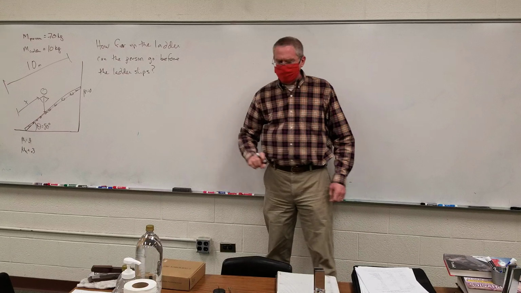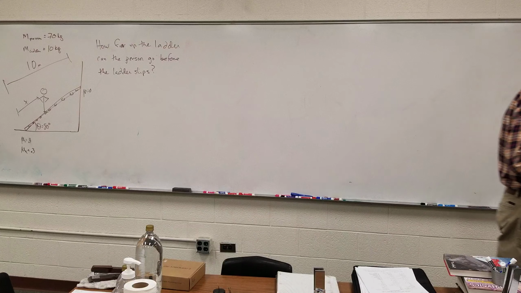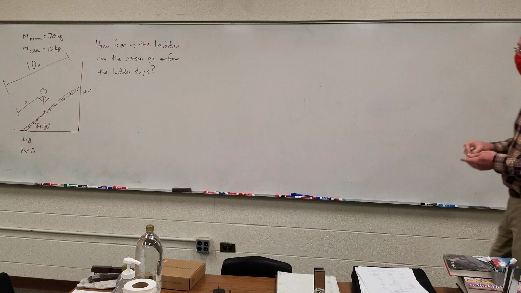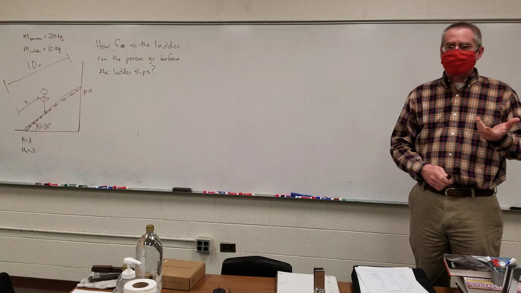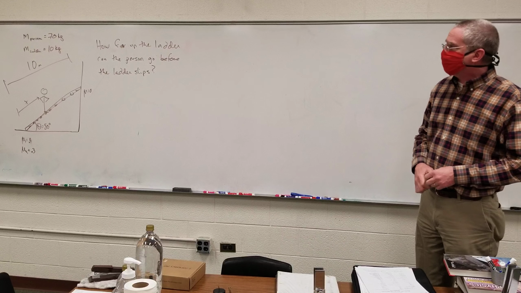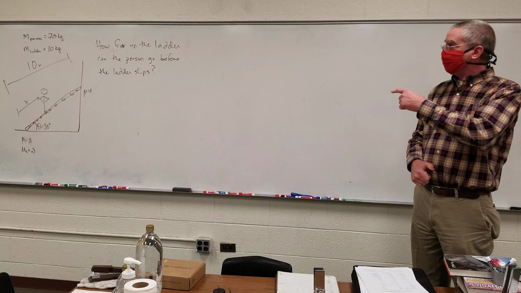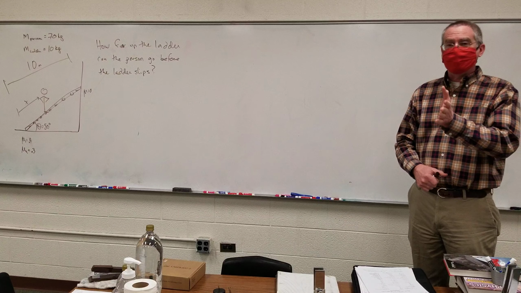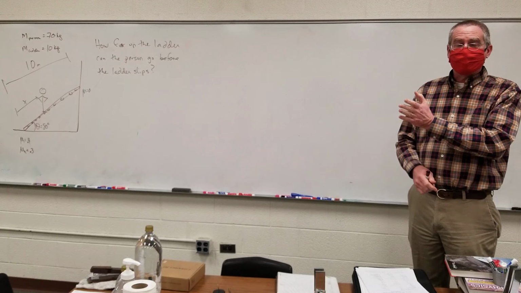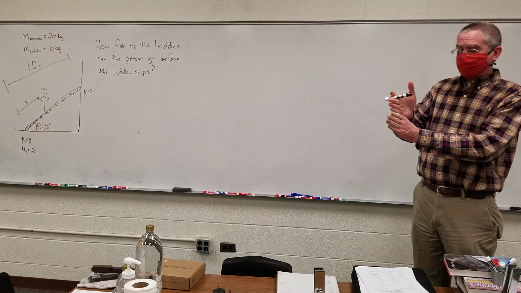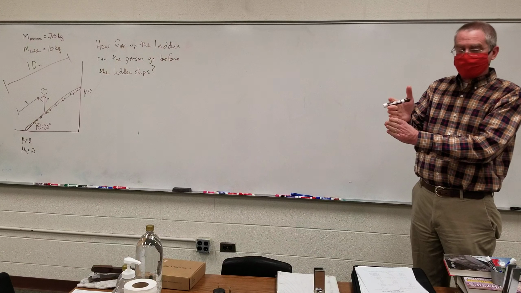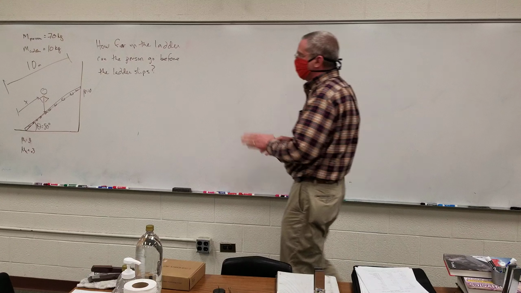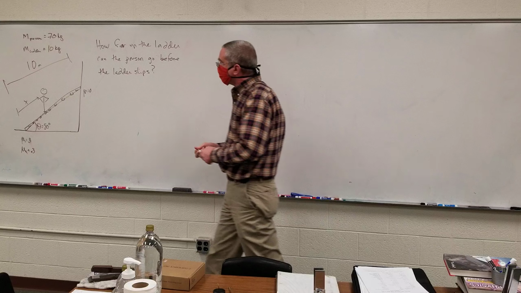So the question is, how far up the ladder do we go before it slips, which might give some students the impression that it's going to slip, so we're using the kinetic coefficient. But recognize, when I'm asking how far up the ladder the person goes before the ladder slips, I'm asking how far up can he go and it still doesn't slip. The point at which it starts to slip and the last point where it wasn't slipping are so close to each other that we're just using the static.